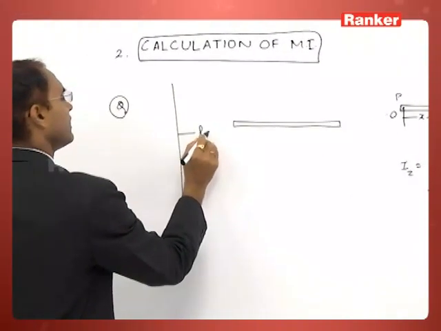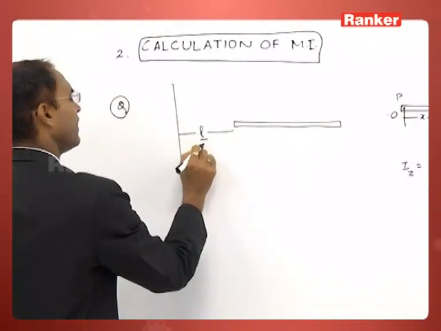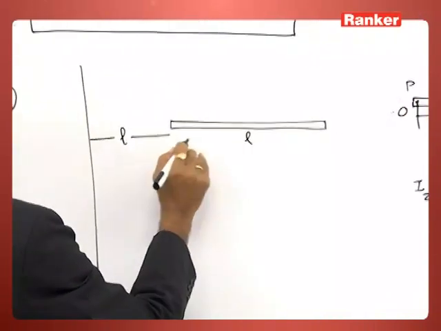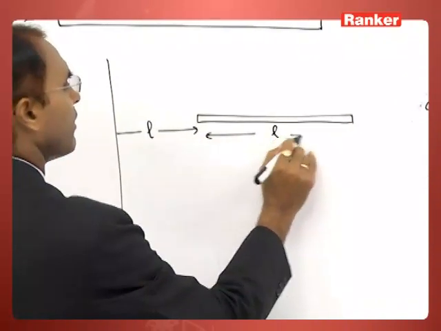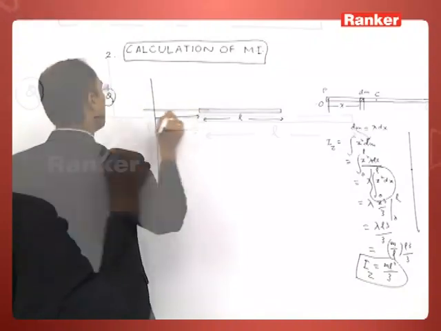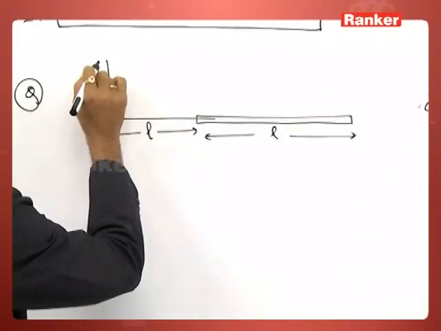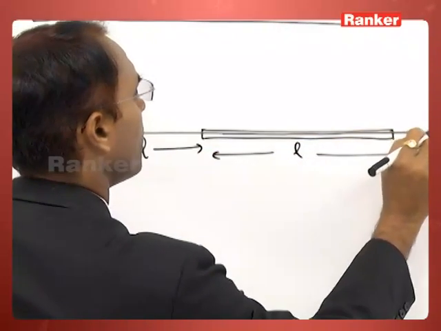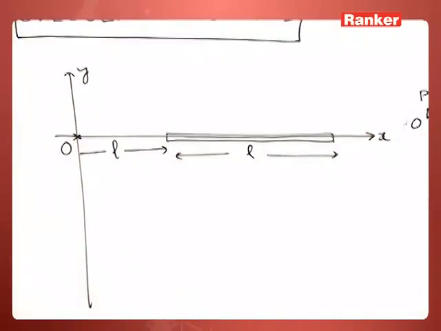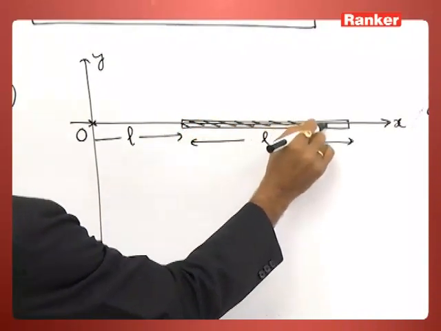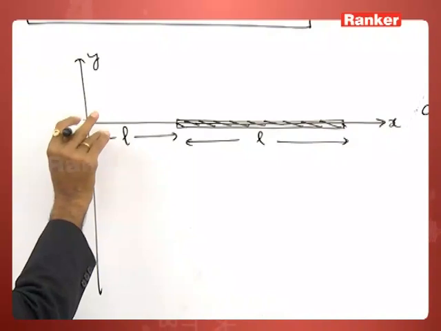Here this is L or L by 2, or you can take L and this is L. You can take x equal to 0 at this point. This is y axis, this is x axis. How to calculate the moment of inertia of the rod about y-axis or about z-axis?